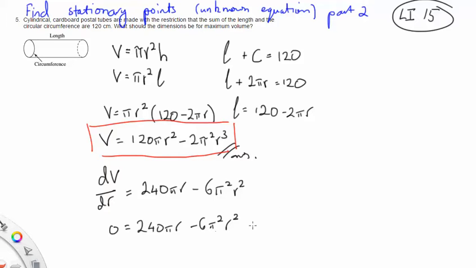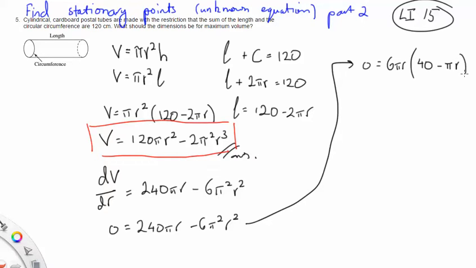And we can factorize. That's a good way to solve it. You could use a calculator for this question. So let's take out 6 pi r, and we're left with 40 minus pi r. Have I got that right? Yes, 6 pi, yep, that looks good to me.